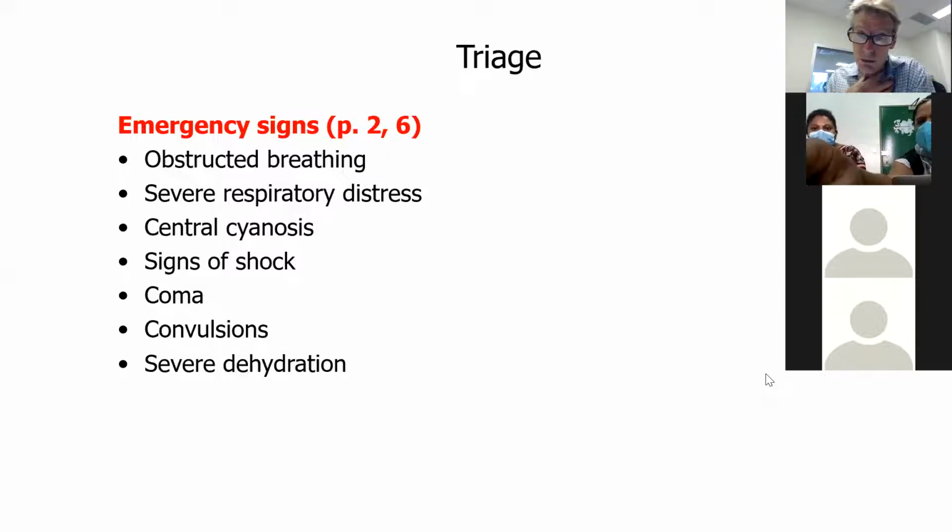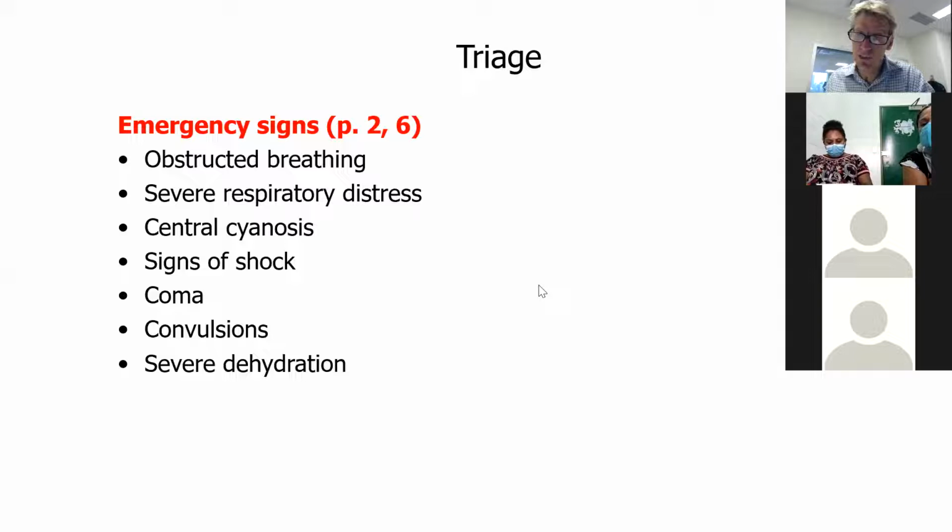The breathing was obstructed, so the child's got obstructed breathing. The child was cyanosed, so central cyanosis, didn't have signs of shock, but was in a coma and did have convulsions.